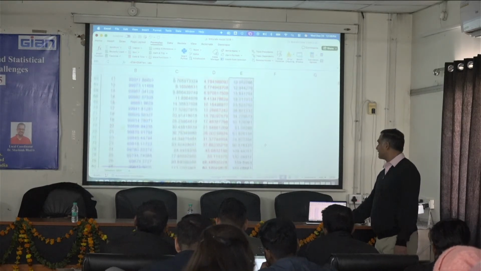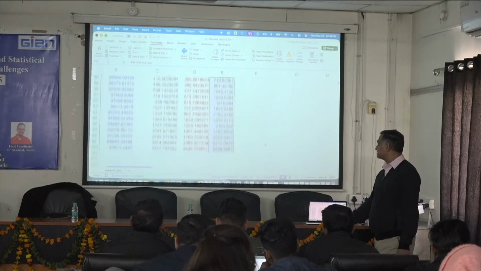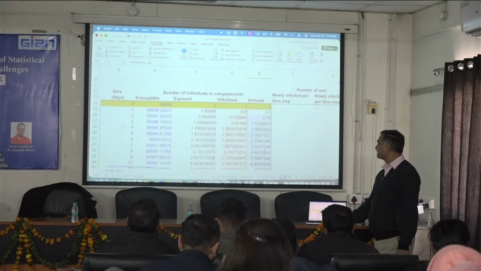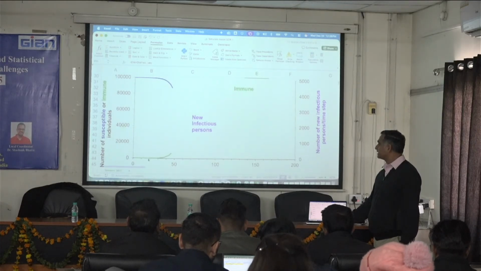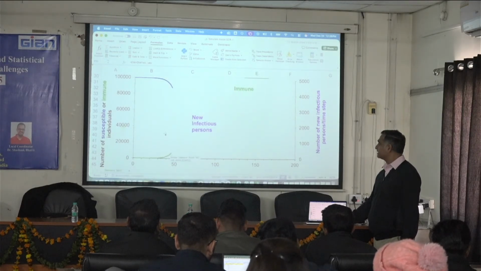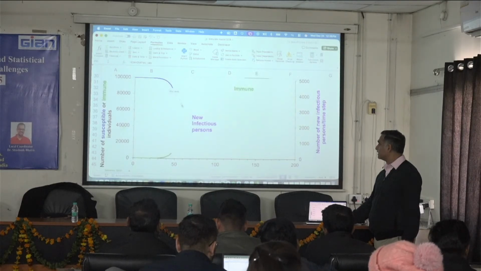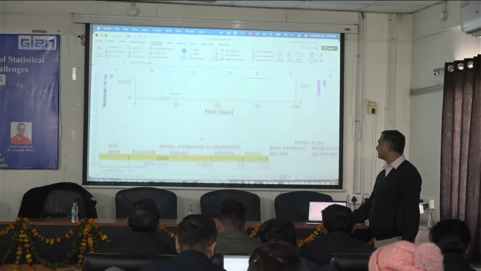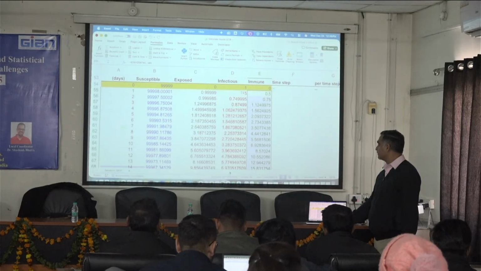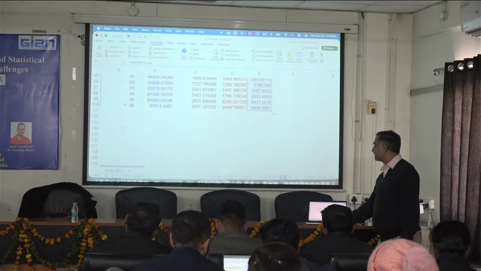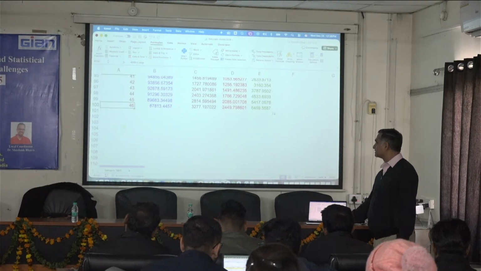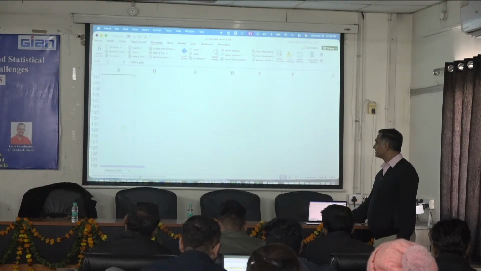So this is filled up the number of cases for each of these compartments. And if you look at it, it is now plotting the 100 days curve. Okay. So if I continue this further and extend this, actually it is not for 100 days, it is 100 rows, but it is for 45 days only.